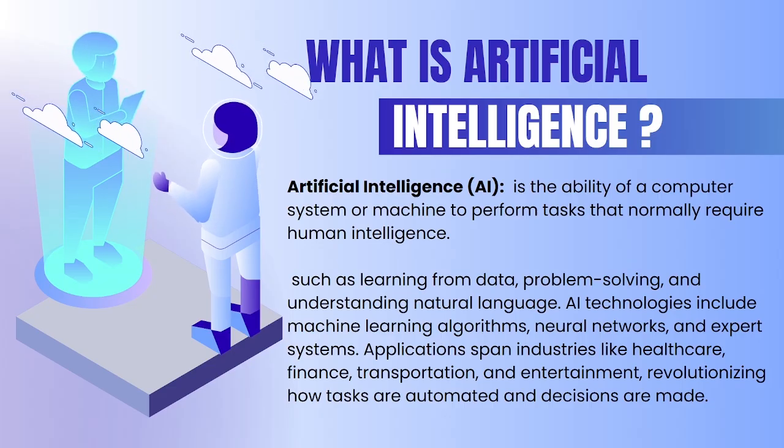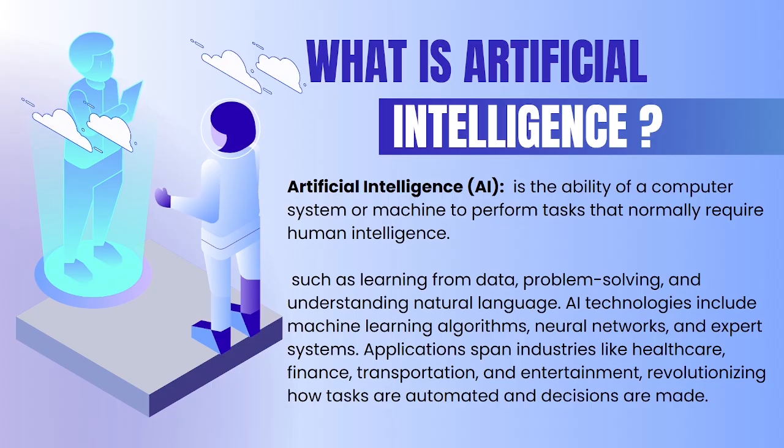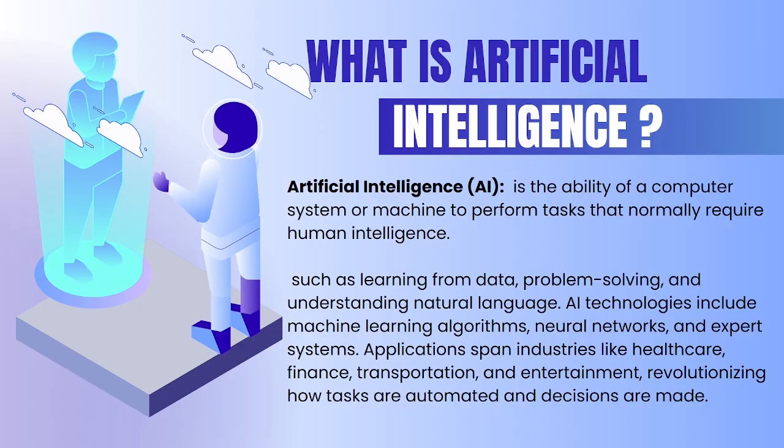AI technologies include machine learning algorithms, neural networks, and expert systems. AI applications span industries like healthcare, finance, transportation, and entertainment, revolutionizing how tasks are automated and decisions are made.